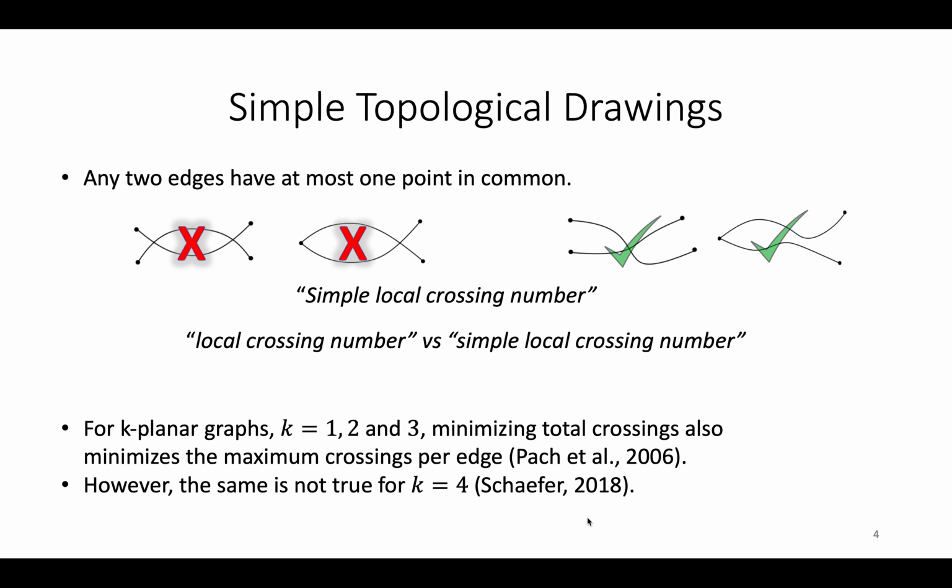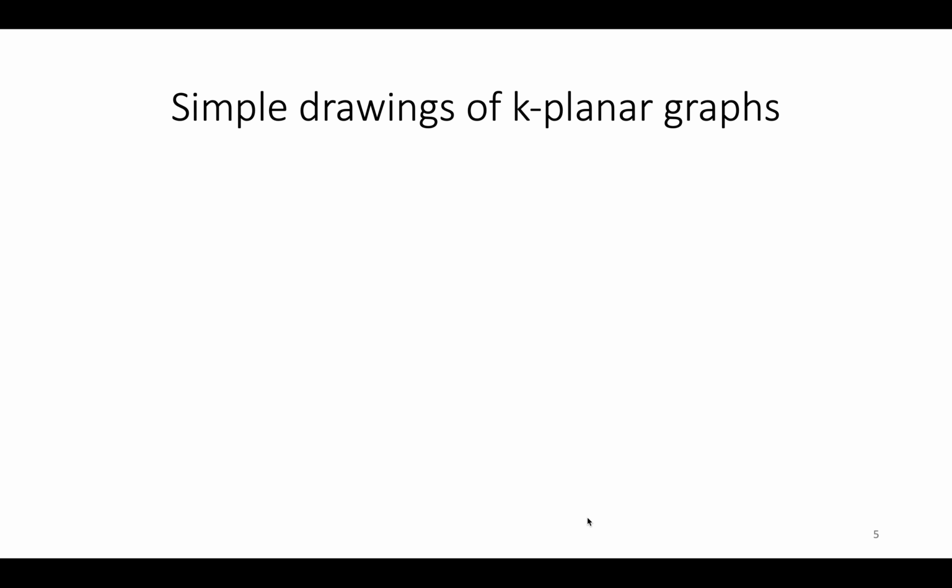However, the same is not true for 4-planar graphs. In other words, we have examples of 4-planar graphs where the 4-planarity is lost if we add the restriction of simple drawings. So now we know that 4-planar graphs cannot always be drawn as 4-plane simple drawings.